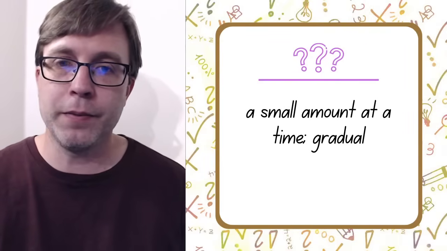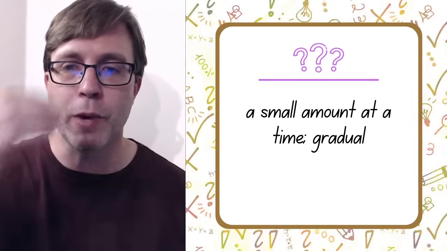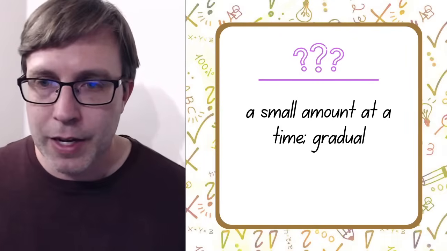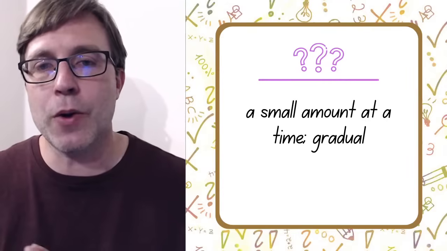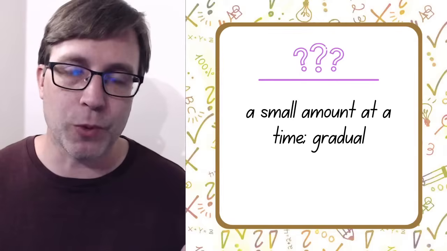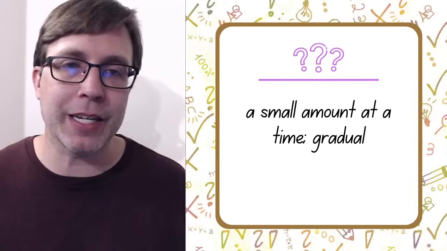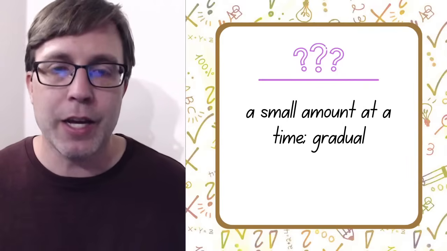The next one, and I'll give you a little hint for this one as well, if you can't think of it. We're talking about a small amount at a time and gradual. What would you say? A small amount at a time, something that's gradual.